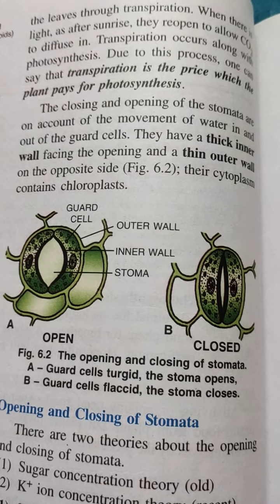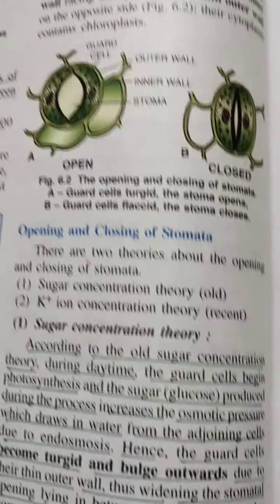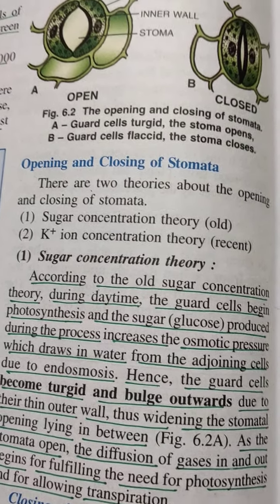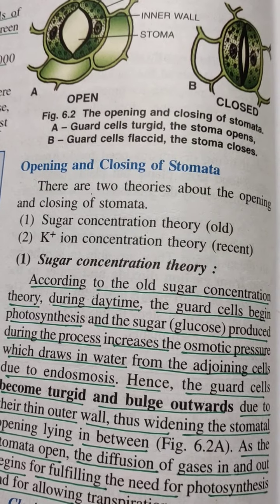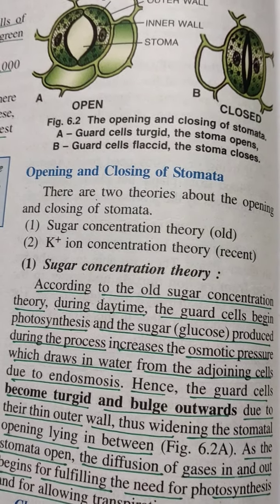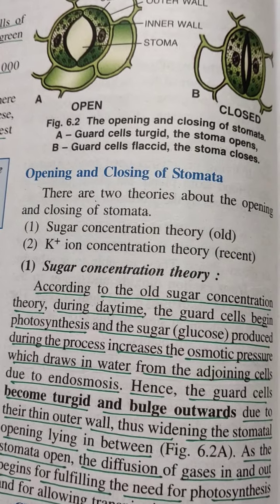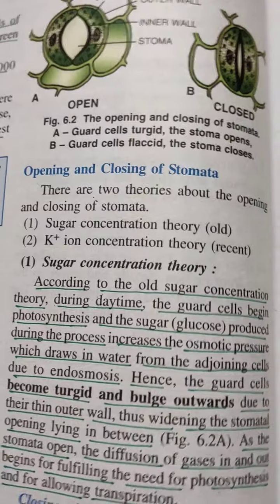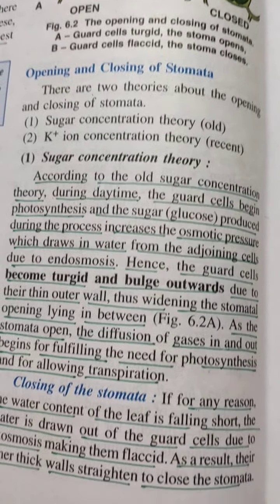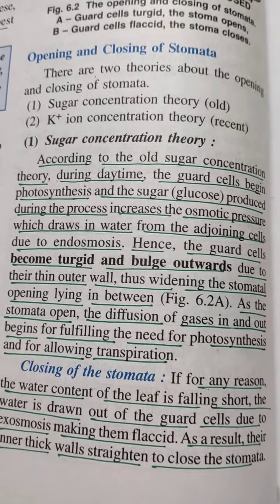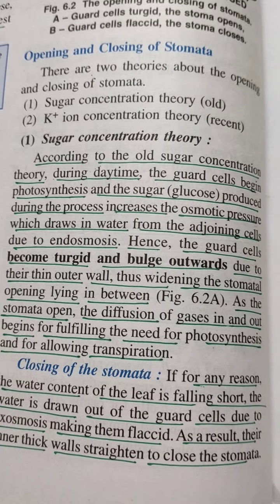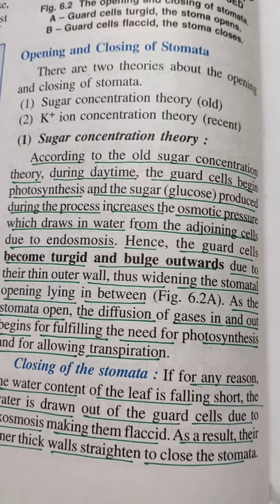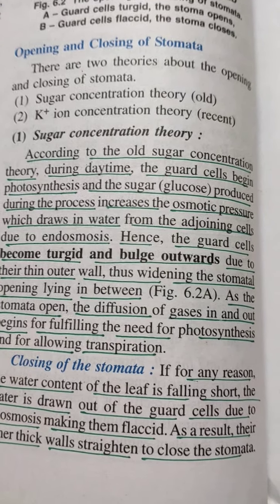Now, regarding the opening and closing of stomata, there are two theories. Clear? One is the sugar concentration theory, another is the potassium ion concentration theory. Sugar is the old one, potassium is the recent one. According to the sugar concentration theory, during daytime the guard cells begin photosynthesis, and the sugar or glucose produced during the process increases the osmotic pressure, which draws in water from the adjoining cells due to endosmosis.